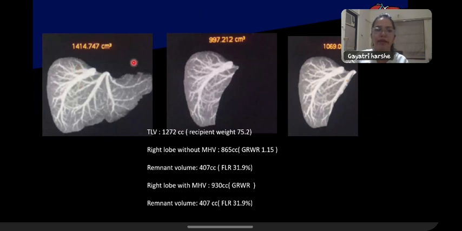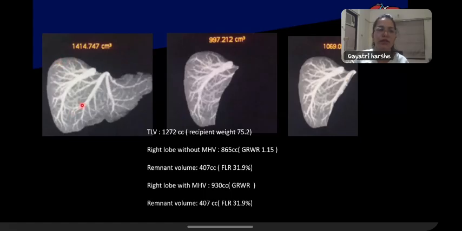So once we get these, then our role comes: whether we need the middle hepatic vein included or excluded, we need to understand what our requirement is. I will just explain how we do it.